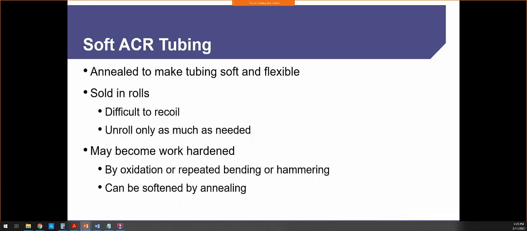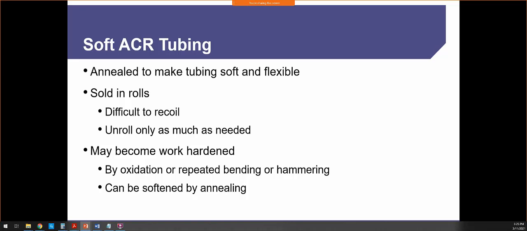So make sure if you're going to use a certain amount of it, let's just say I have a 20-foot roll, but I only need 10 foot, well, I'm just going to unroll 10 foot. Using smaller diameter copper, 3/8, 1/4 inch, it's fairly flexible. You may be able to recoil it if you needed to, but if you get into the 3/4, 7/8 size, forget it. You're not going to recoil that. That stuff is very thick and very big.